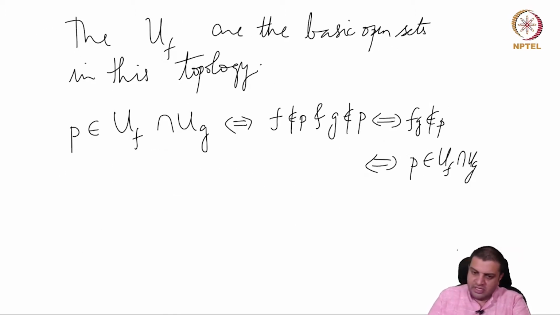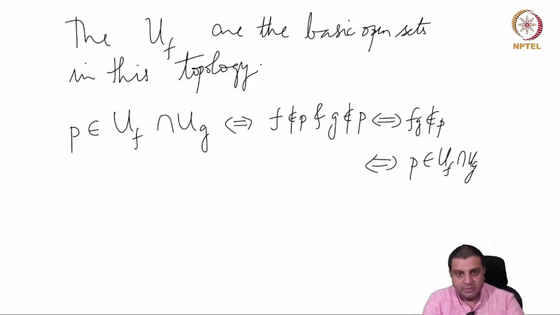We also need to check that the UF are basic open sets in that topology. We need to check one more thing, which is that UF intersect UG contains some open set of the same kind, a basic open set. So P is in UF intersect UG if and only if F is not in P and G is not in P, if and only if the product FG is not in P. This is where primality is used.